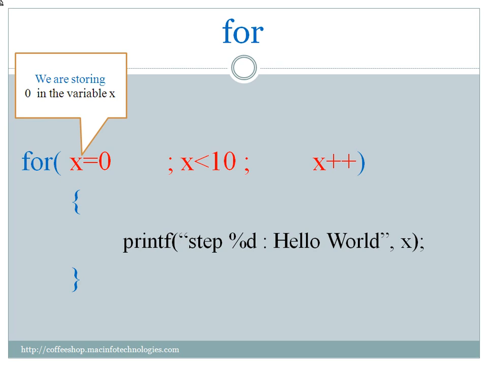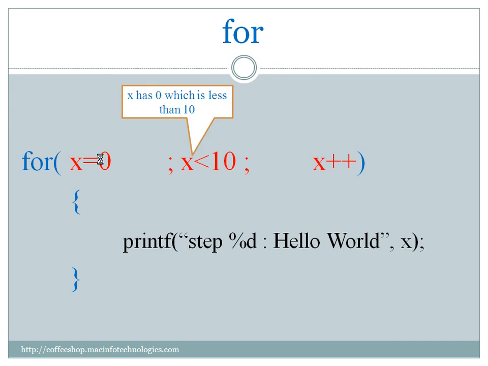So now in this example we are storing a 0 inside x. We are initializing x to 0, and this is step 1, and step 2 is checking the condition. x has 0, which is less than 10, so this is true.